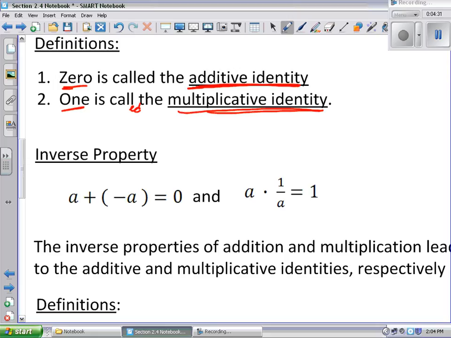All right, let's talk about the inverse property. A plus the opposite of A is equal to 0, and A times 1 over A is equal to 1. The inverse properties of addition and multiplication lead to the additive and multiplicative identities, respectively.